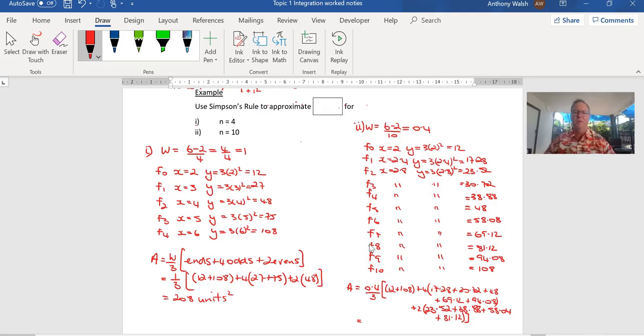Now if you put all of that in your calculator, it turns out to be, oh my goodness, 208 units squared. Pretty much the same area under the same function between 2 and 6, regardless of the number of strips. If you had just 2 strips, it might be a little less accurate, but in this case even 4 strips and 10 strips work out the same.